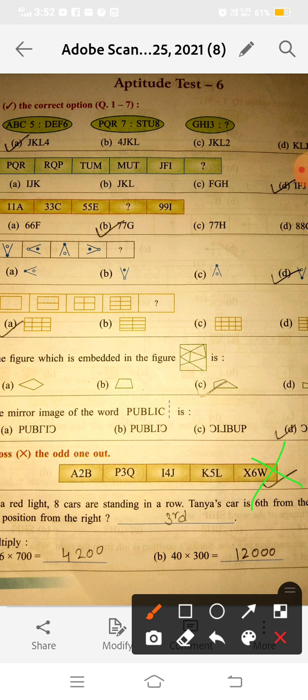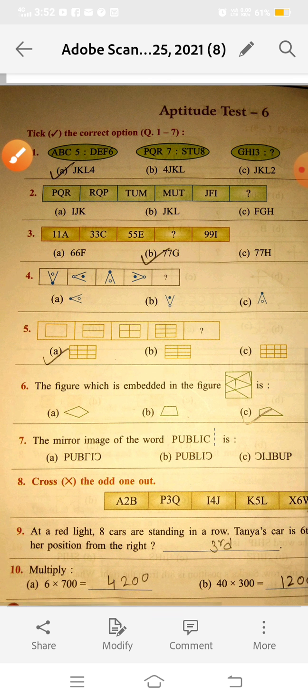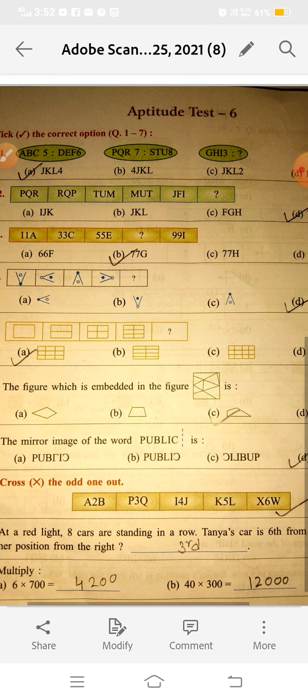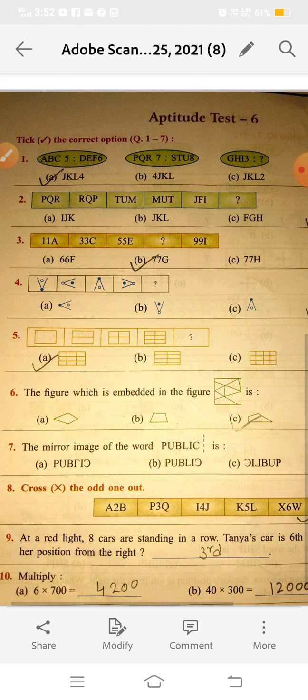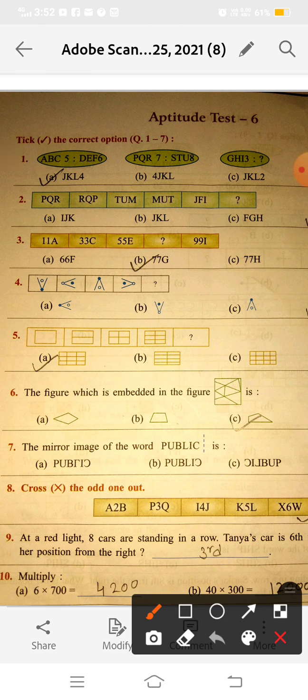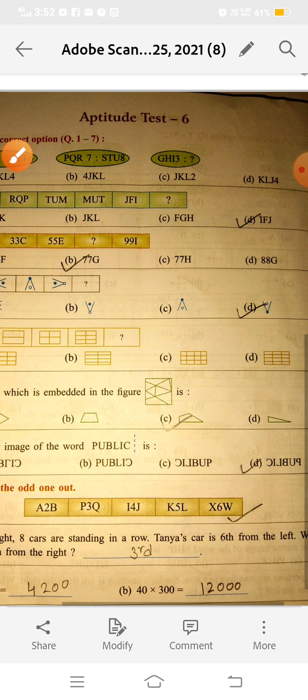Now see the next question. At a red light, 8 cars are standing in a row. Tanya's car is sixth from the left.